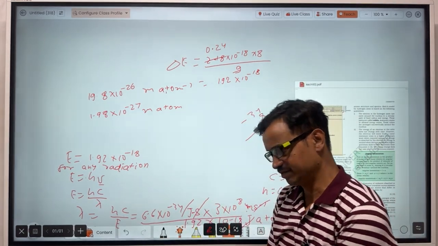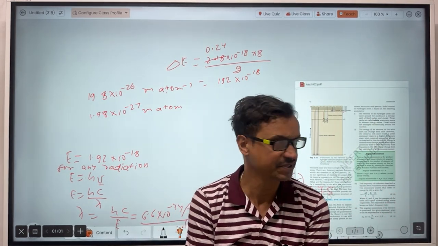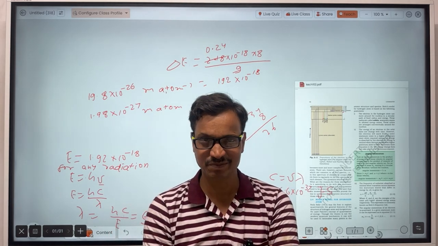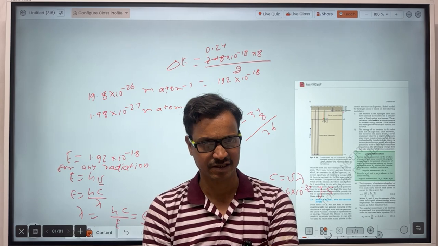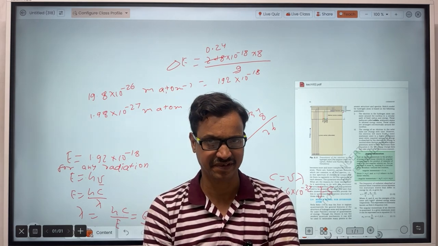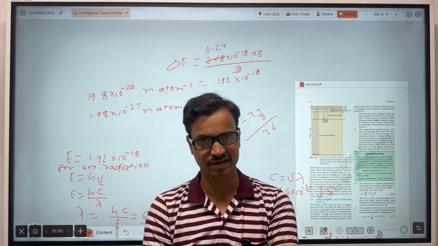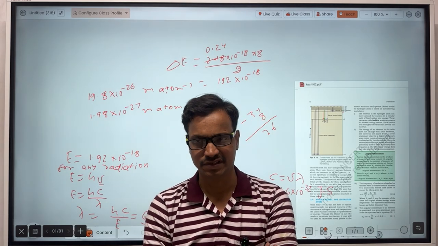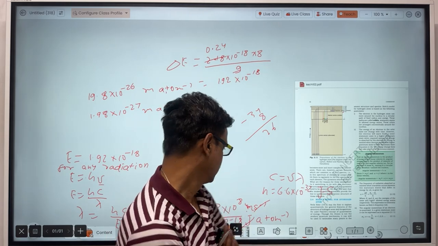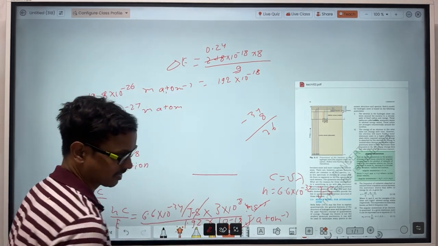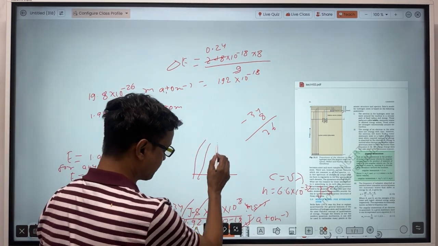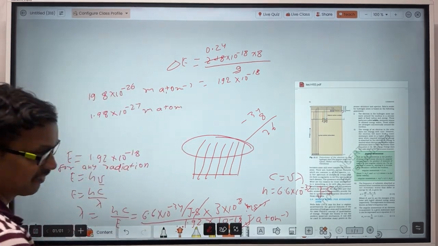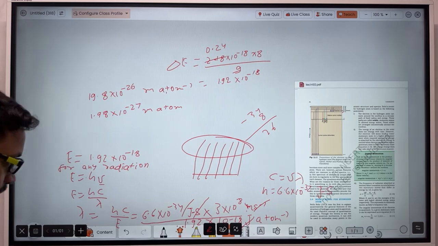Okay guys, now wave number, most frequently asked questions in the examination is about the wave number. What is wave number? Wave number is the number of waves in 1 centimeter or in 1 meter, depending on the unit chosen. Like here, if there is 1 centimeter length, in that length, how much waves will be there? That will be called wave number.